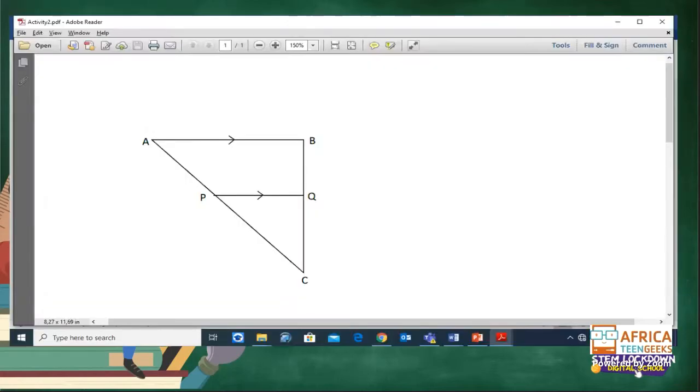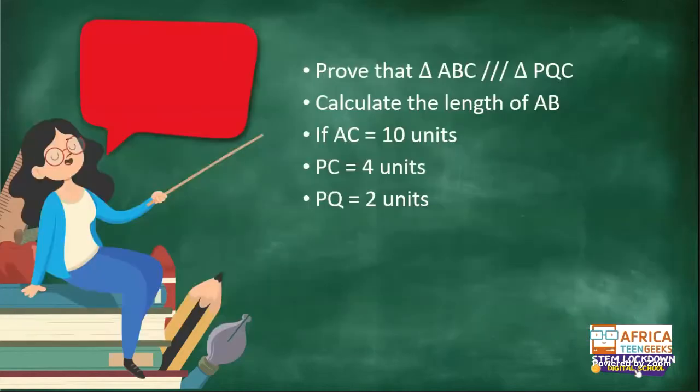Just to show you the triangle ABC and the line PQ, which is parallel to AB. So if you have drawn this triangle, perfect. Now I want you to prove that triangle ABC is similar to triangle PQC. You can see C is a common angle there.